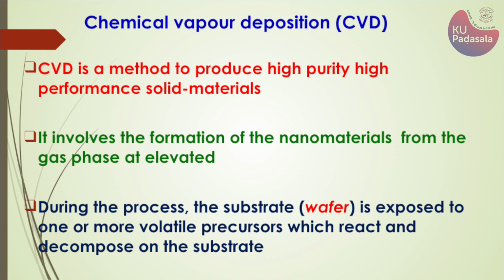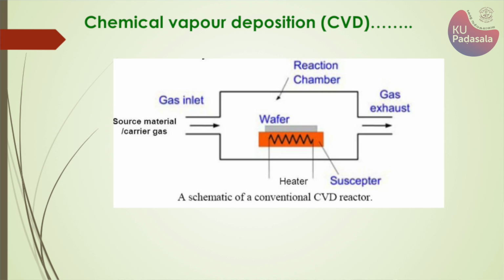During the process, the substrate, simply designated as wafer, is exposed to one or more volatile precursors which react and decompose on the surface of the substrate. The pictorial representation simply illustrates the chemical vapor deposition procedure.